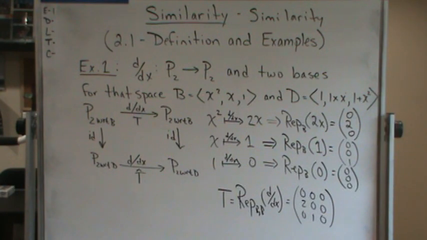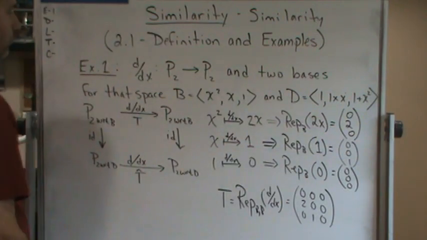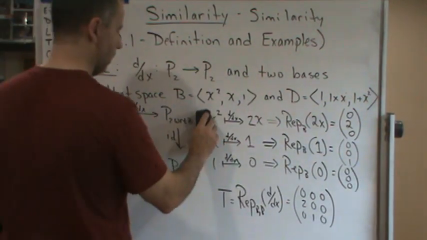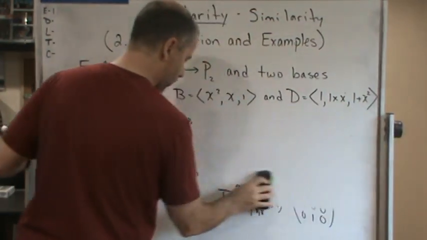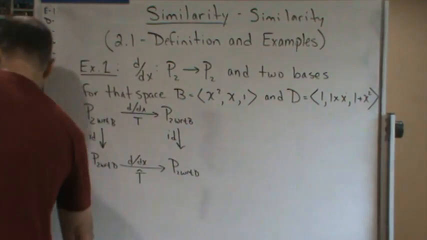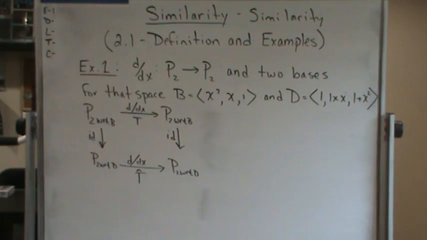So to find the matrix, we represent the basis B's elements with respect to D. Now that we got this, let me erase this part so we can go on to the next one. Now we're going to represent everything with respect to D.